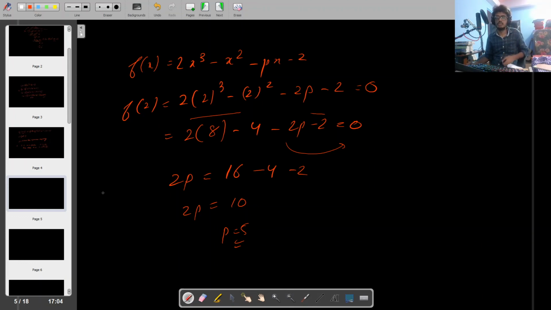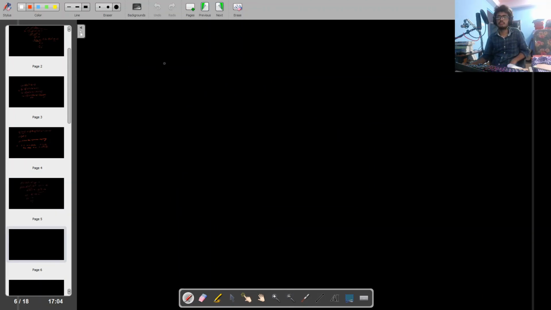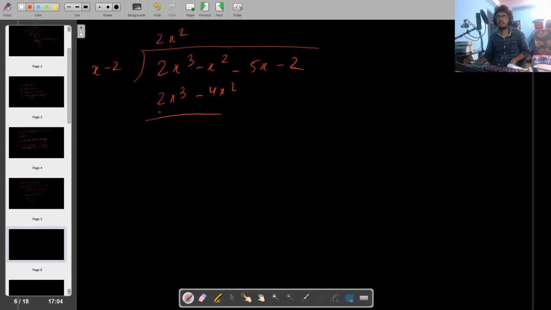Okay. So when we put this in the equation, it is 2x cube minus x square minus 5x minus 2, and this is being divided by x minus 2. So 2x square into x minus 2 is 2x cube minus 4x square. So this will be 0, and this will be 3x square. Bring minus 5x down.